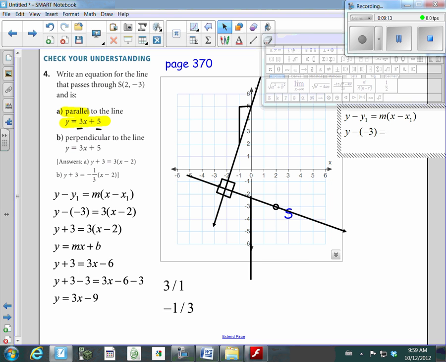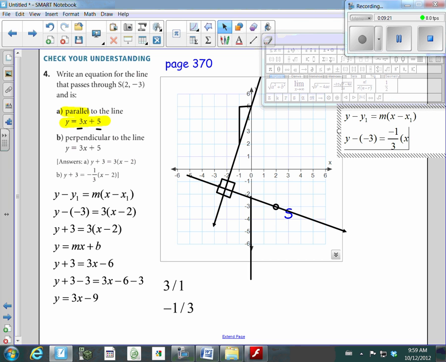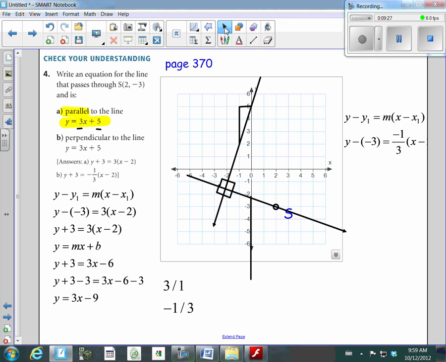M in this case, the opposite reciprocal slope, is negative 1 over 3. And x, take away the x value at that point S, is 2. So there is our point-slope formula version of the equation of that line.